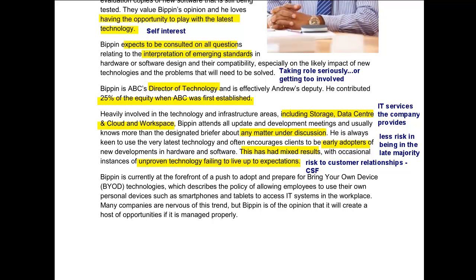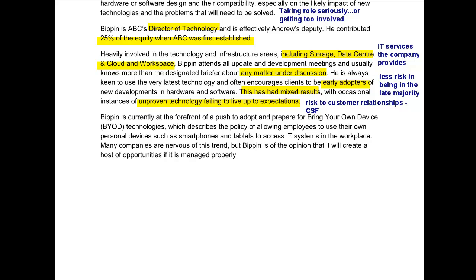Now, currently one of the technologies that Bipin is at the forefront of is the bring your own device technology. This is essentially where employees are allowed to bring their own computers into work, their own tablets, smartphones, etc., and access IT systems within the workplace. Of course, many companies are not happy about this.